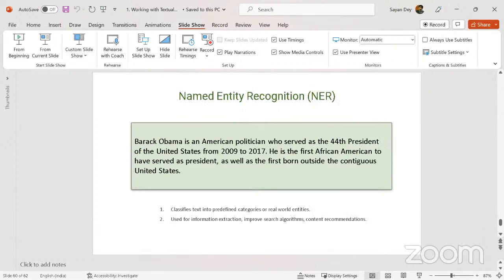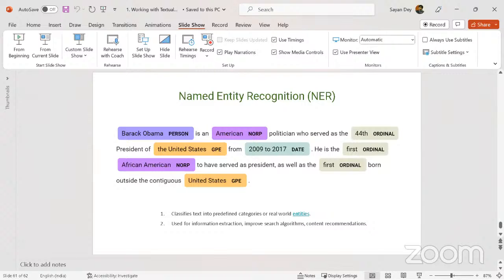And finally, we have something called NER, or named entity recognition, where we again take a particular sentence. You can see this is the sentence I'm showing on the screen: Barack Obama is the American politician. We look at that entire sentence, take each piece of text, and classify it into individual categories. So Barack Obama, the phrase, is a person.